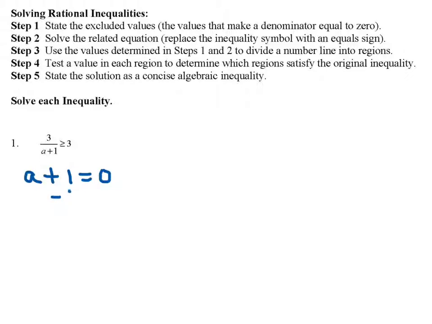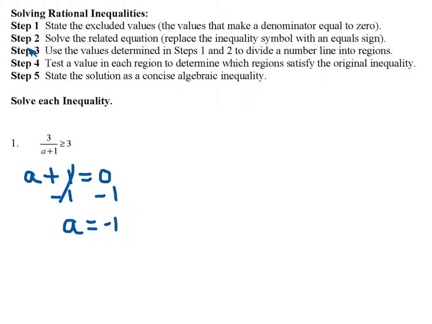Solving for a, we'll subtract 1 from both sides, and we get that a is equal to negative 1. Some of us can tell that at a glance, but just to be safe, for when our denominators can be more complex, we can set up a miniature equation. So we've now completed step 1.